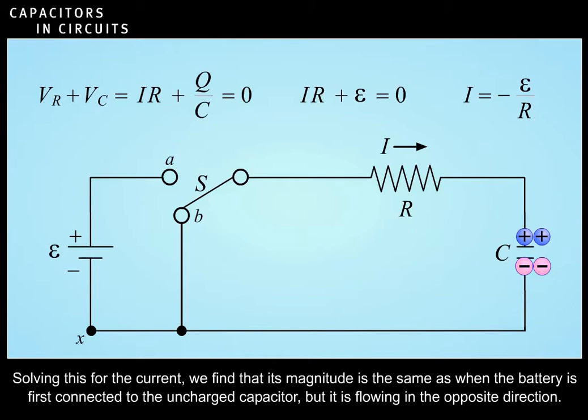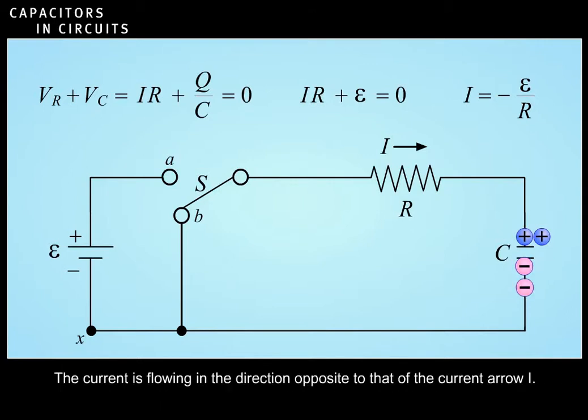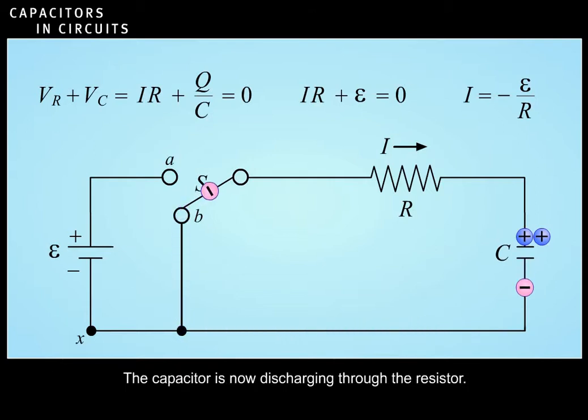Solving this for the current, we find that its magnitude is the same as when the battery is first connected to the uncharged capacitor, but it is flowing in the opposite direction. The current is flowing in the direction opposite to that of the current arrow, I. The capacitor is now discharging through the resistor. Eventually, the capacitor will be fully discharged.